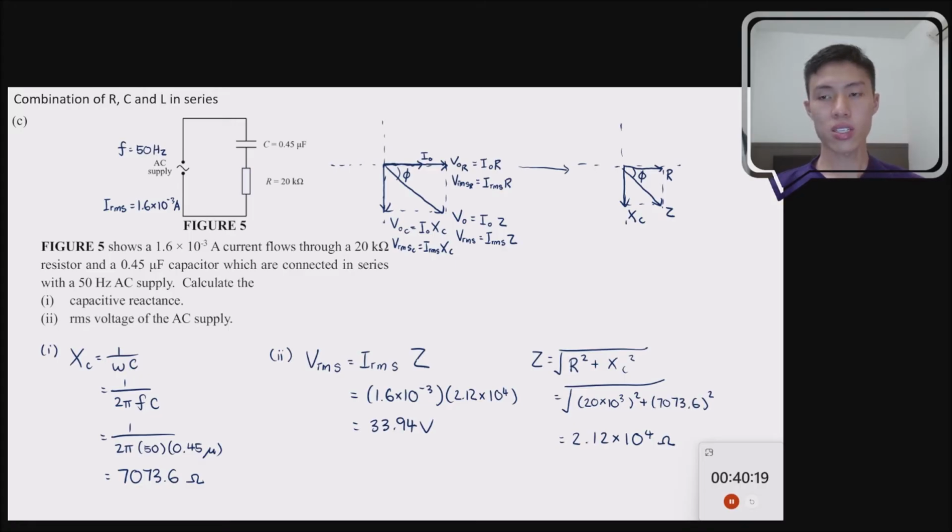Okay, so this is the RMS voltage of the power supply. Okay, let me double check everything. Okay, should be fine. Next.